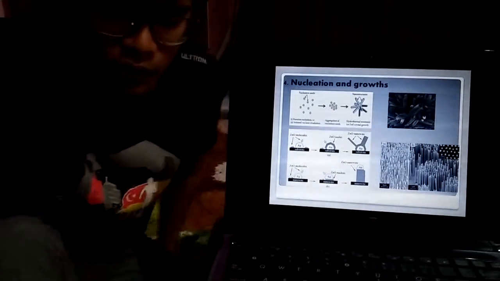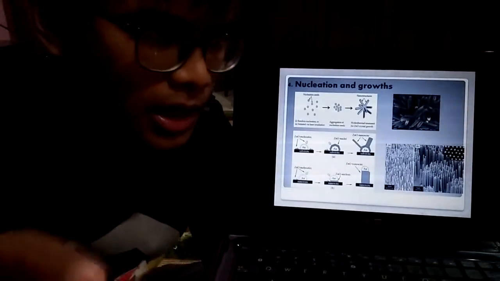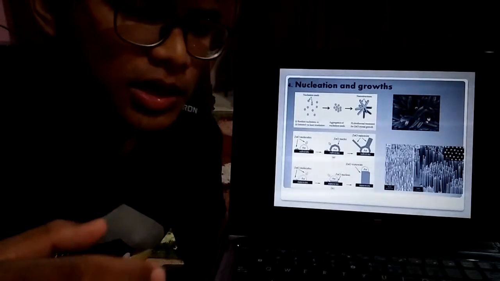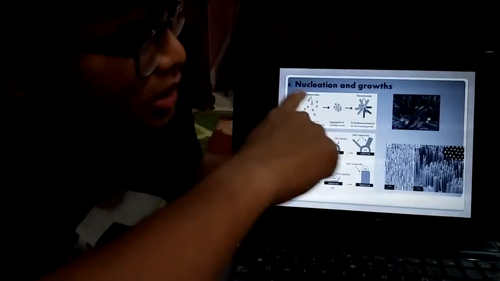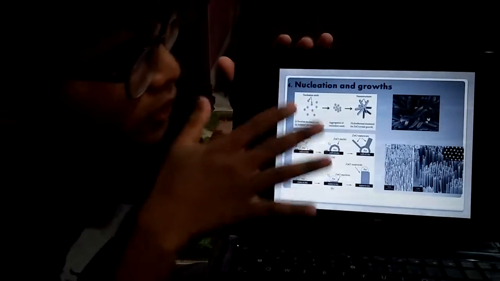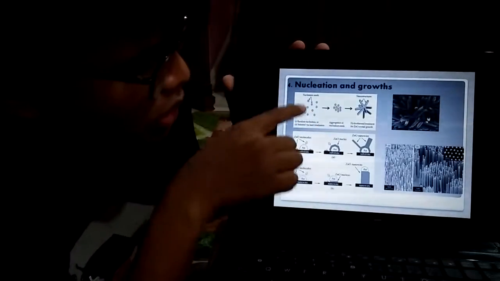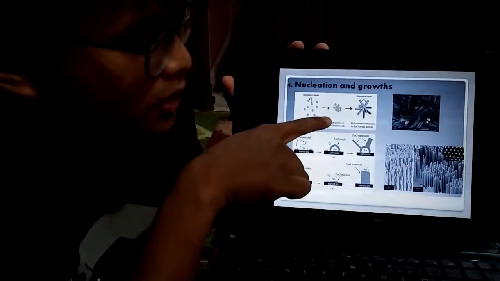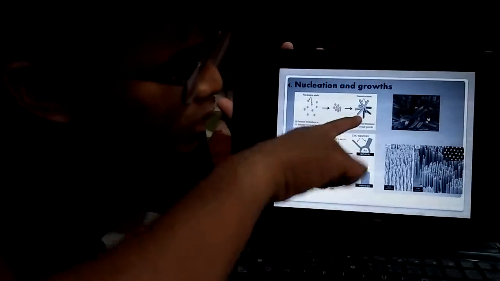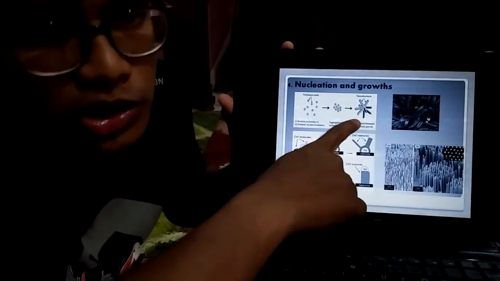Okay, nucleation and growth. Nucleation and growth in thin films consists of a few types, and I will explain three types of it. This is basically the nucleation and growth examples. So you can see a nucleation seed become an aggregation of nucleation seeds, and then it will form a nanostructure.